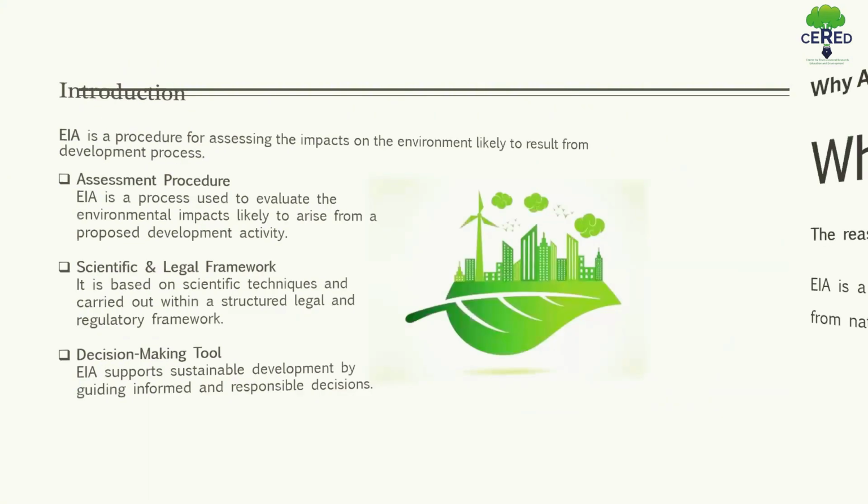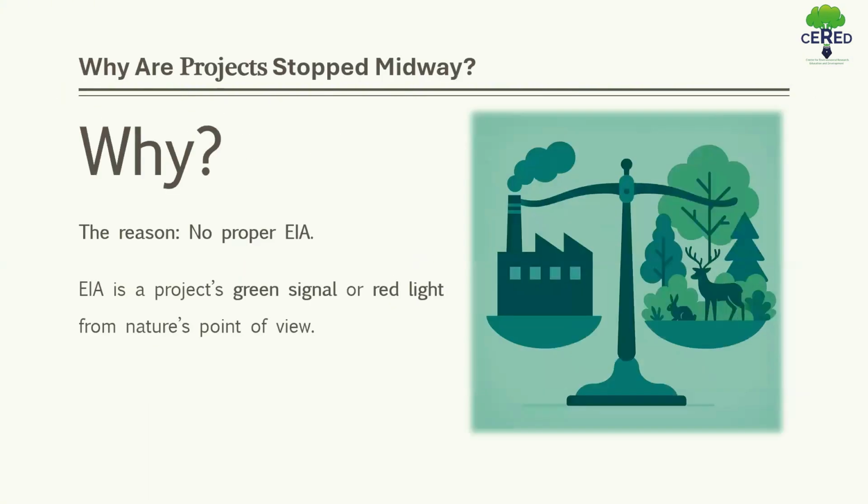So if environmental impact assessment is a process that evaluates environmental consequences and it is a scientific tool for environmental sustainability, then why are projects stopped midway? That's a big question.